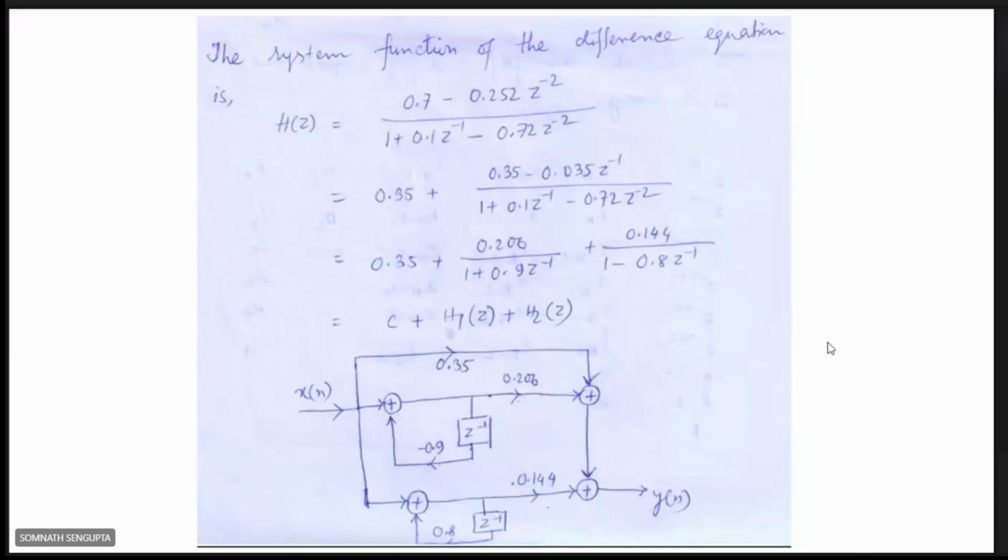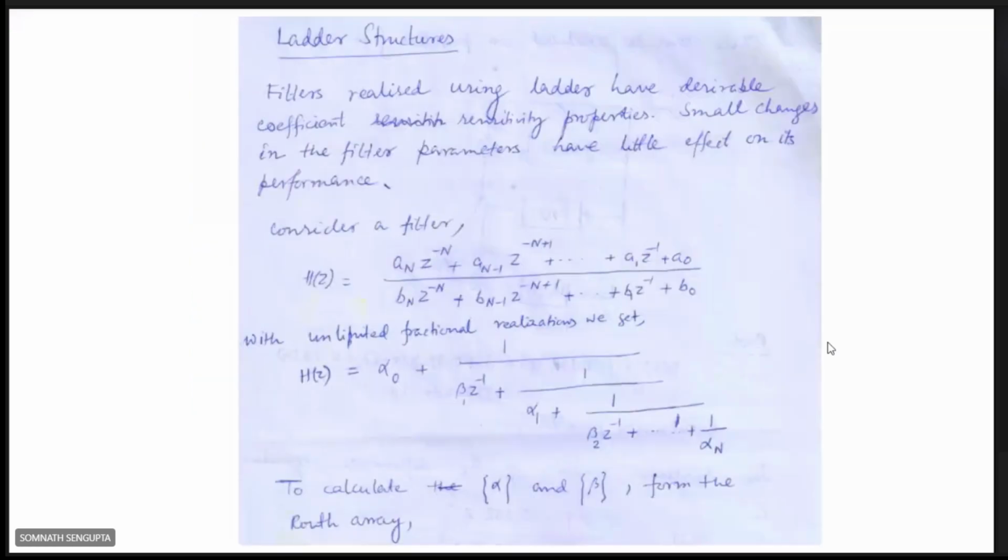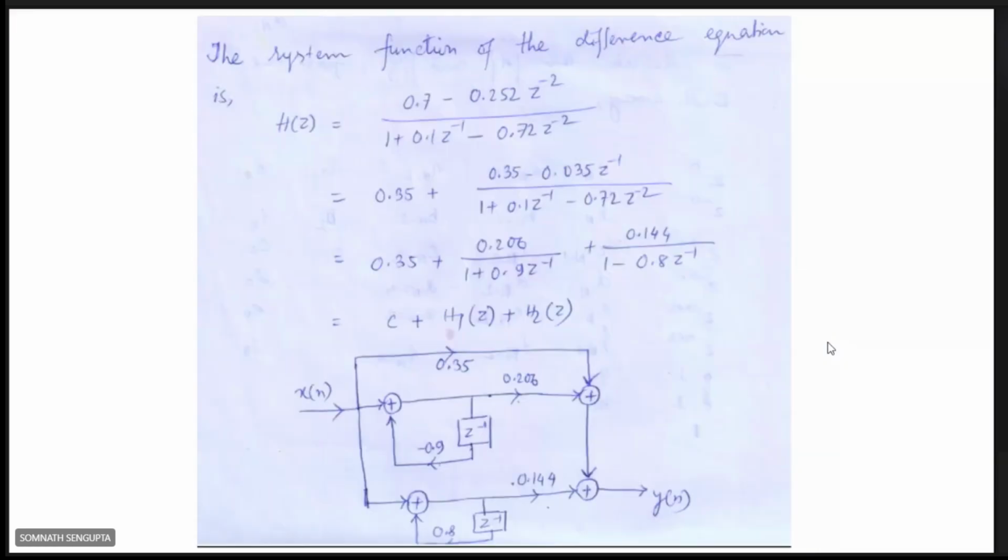Two others are remaining, that is ladder and lattice structures, and FIR implementation is also remaining. I hope you understand clearly. Up to this topic you should go through it; all the explanation is given.